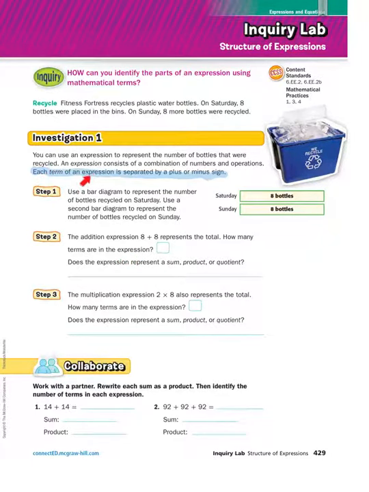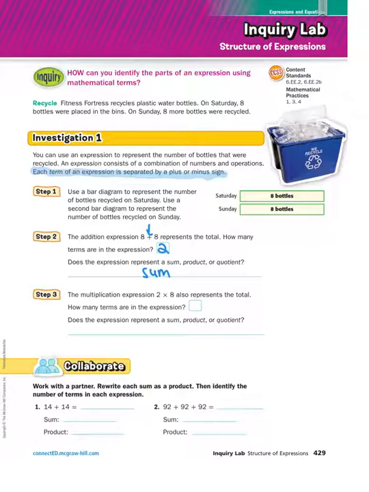Each term of an expression is separated by a plus or a minus sign. So you see the plus sign? That means there's a term here, that this 8 is a term and this 8 is a term. So there are 2 terms in this expression. And it says, does the expression represent a sum, product, or quotient? Well, since it's addition, it represents a sum.